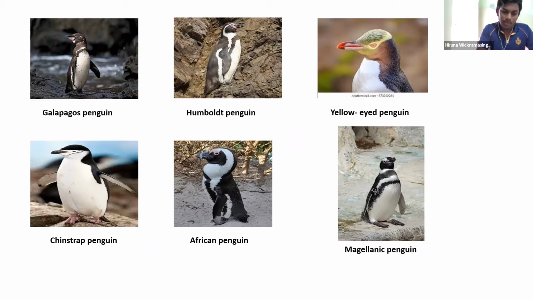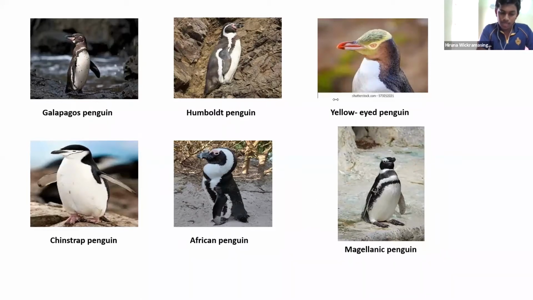And the next one is the Magellanic penguin. They are medium-sized penguins, and many individuals live to be 20 years old. And next is the Humboldt penguin. The Humboldt penguin is a South American penguin living mainly in the north of Chile.